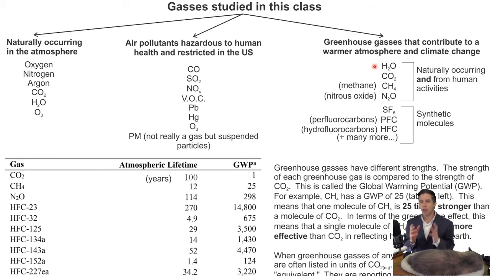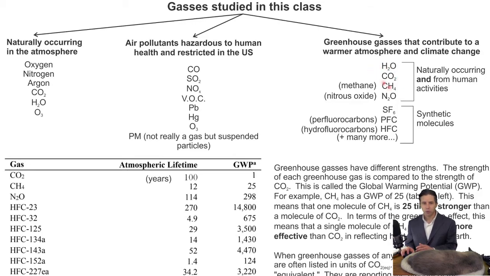So if we all as humans got together and started adding water vapor to the atmosphere on purpose, let's say, it won't stay in the atmosphere more than maybe a few days before it drifts off into someplace cold, condenses out, and it gets removed from the atmosphere. The greenhouse gases that we're interested in are the ones that are not being removed in a short time, okay? So that's why we're not really talking about water vapor, even though water vapor is a pretty significant greenhouse gas.